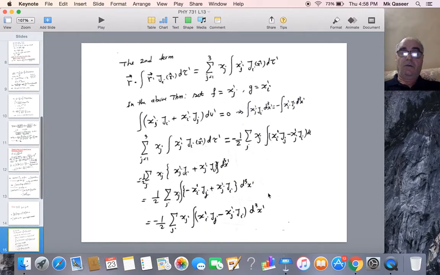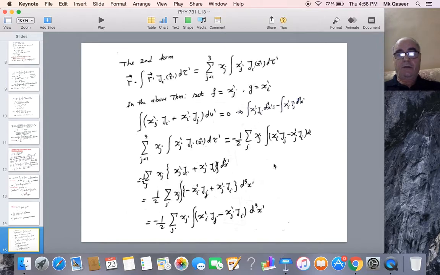The second term here, I'm writing it in terms of Cartesian notation. This is x_j x_i prime J_j d tau. Now in the above, I set x prime as f and x prime J as g in the previous theorem. Doing so, we get this expression.